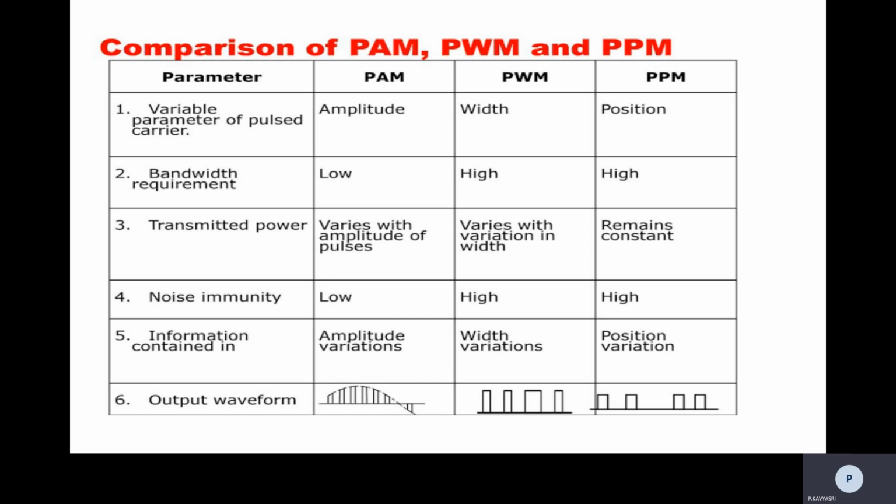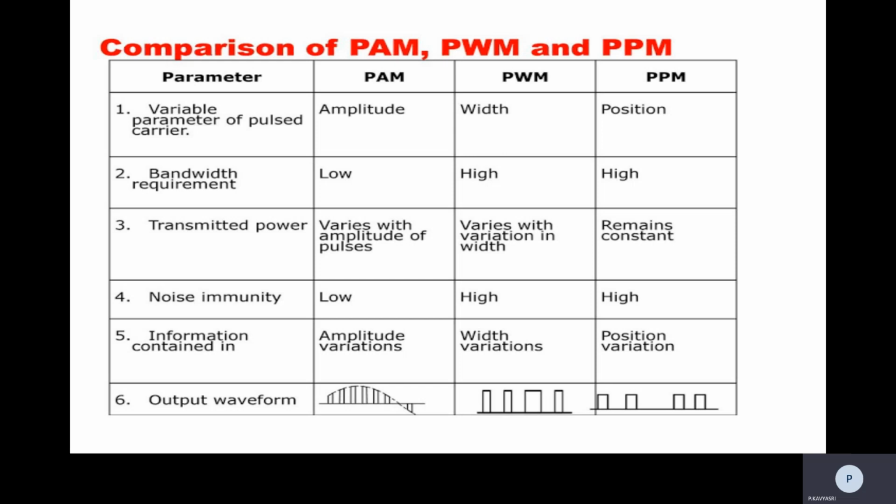Coming to the third one, which is the transmitted power. In PAM, the transmitted power varies with the amplitudes of the pulses, whereas in PWM, it also varies with the variations in the width. But coming to the PPM, the transmitted power is constant. And coming to the fourth parameter, which is noise immunity.